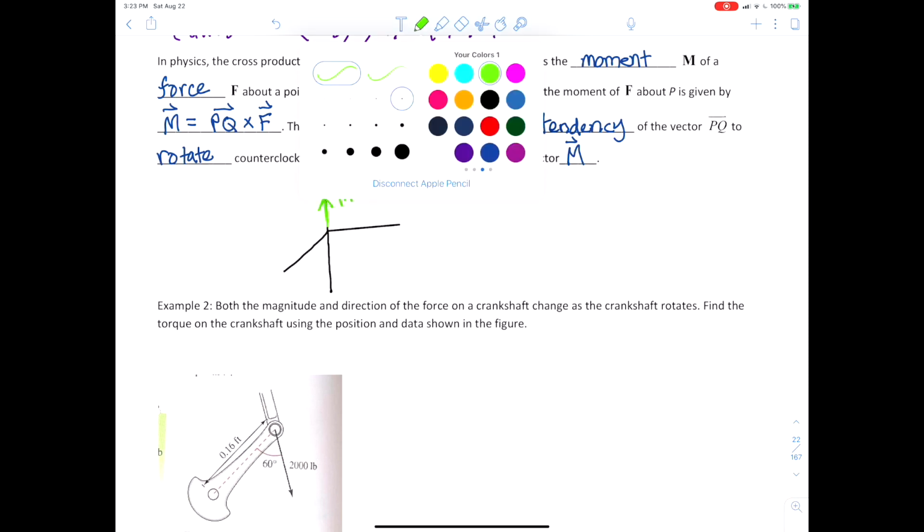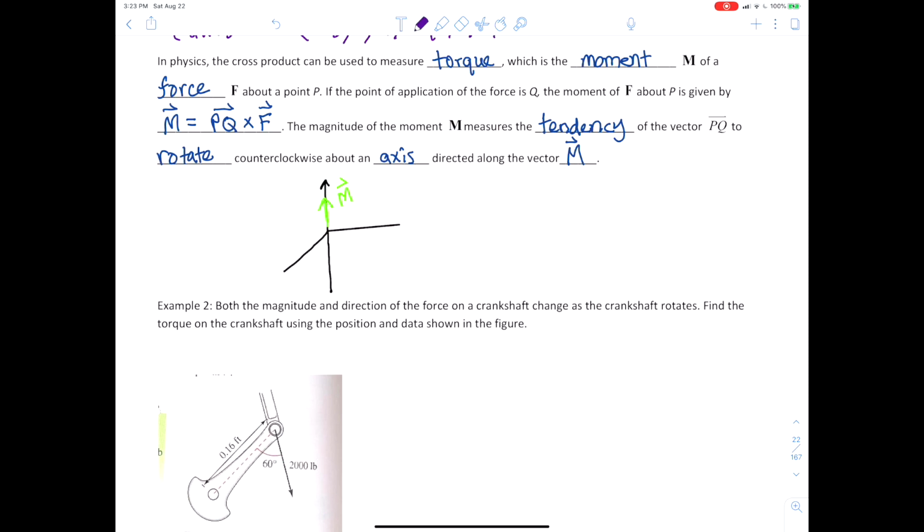And then you've got this point Q, let's say this point Q is here, and then you've also got the point P. We'll have this point P right here, and so this directed segment here is the vector PQ.